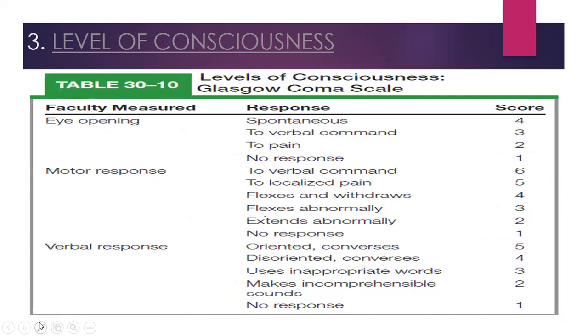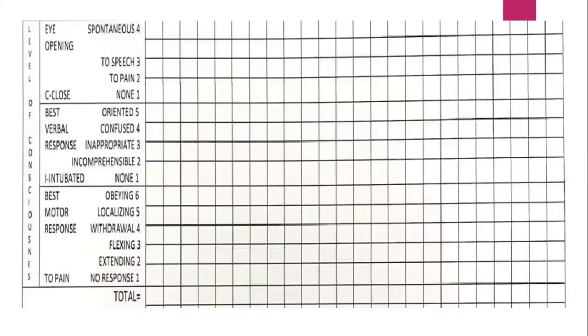Okay, so let's continue. Now, in the Glasgow Coma Scale, we already discussed this. You just look at the patient's response to assess the level of consciousness. I won't explain it again since it was already explained. Now, there are different ways to answer this.